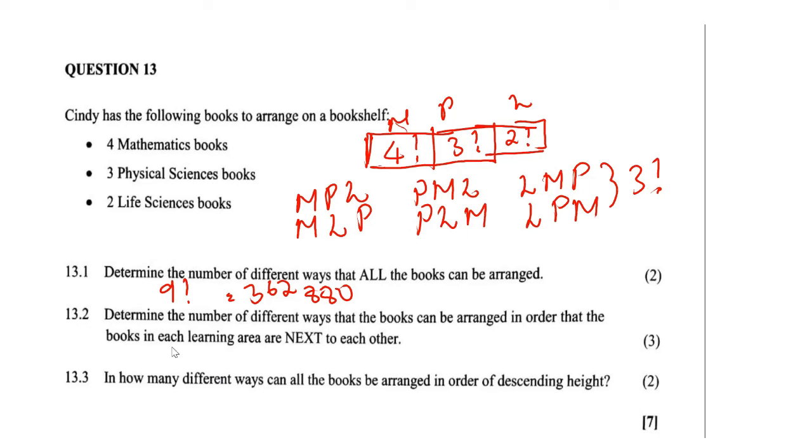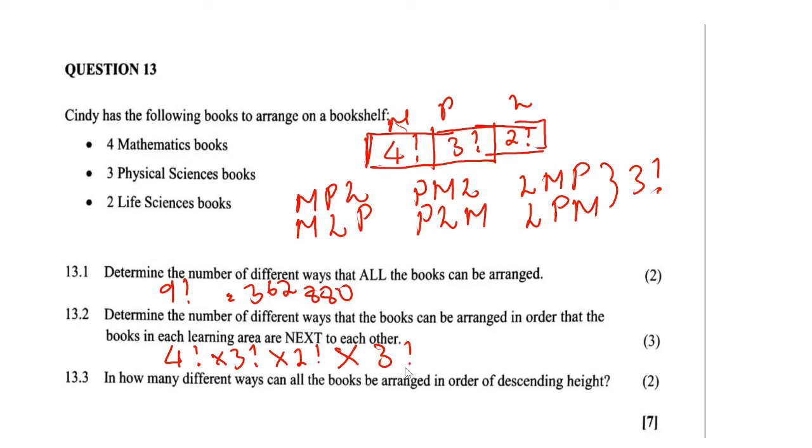So to answer that one, the number of different ways is 4 factorial for the maths books, multiplied by 3 factorial for physics, multiplied by 2 factorial for life sciences, and multiply all that by 3 factorial, because there are 6 different ways in which you can mix up the books.